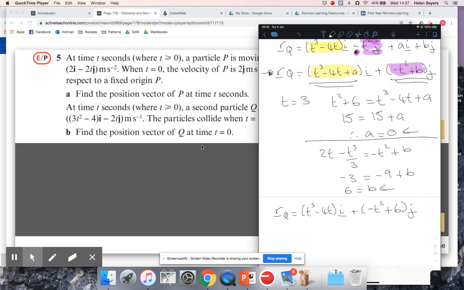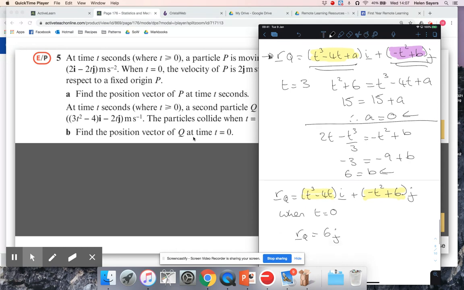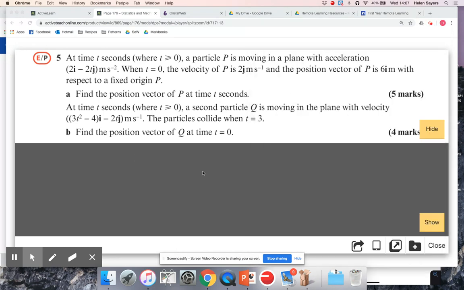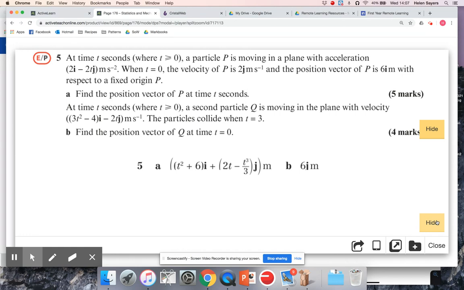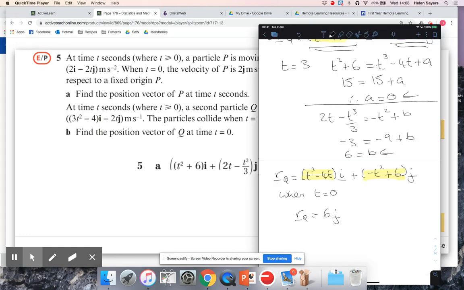And they want the position vector of Q at t is 0, so when t is 0, that is 0, and when t is 0, that is 6, so it's at 6j, okay, which I think we already saw was the correct answer. Yeah, so that's a good point. I should have some units there. Okay, it's quite a tricky one, that one.